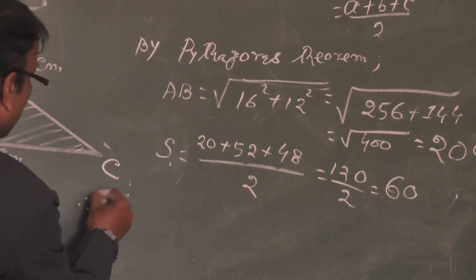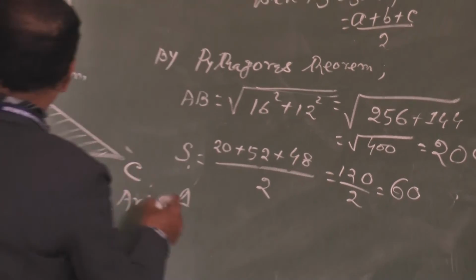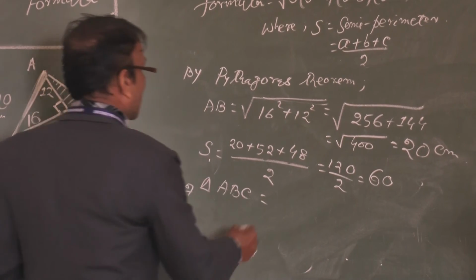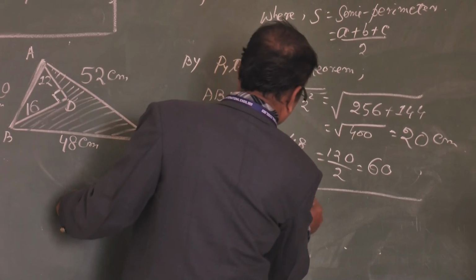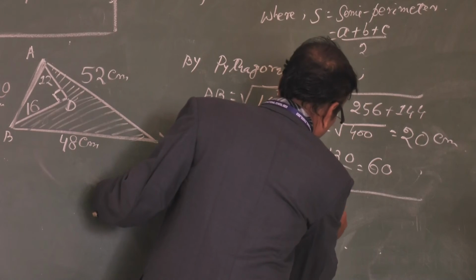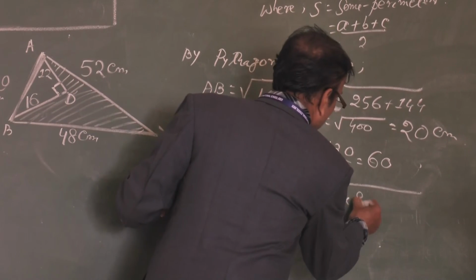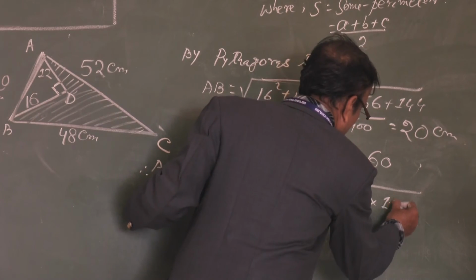Therefore area of triangle ABC is equal to root over S, 60, into S minus A, 60 minus 20 is 40, S minus B is 8, S minus C is 12.